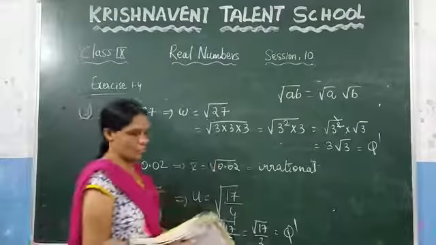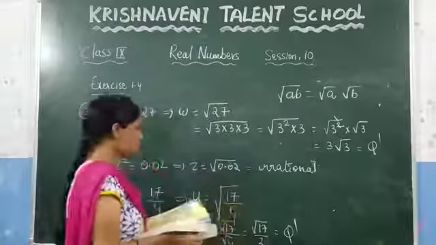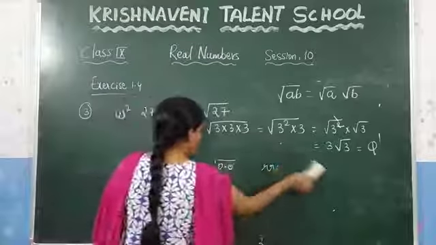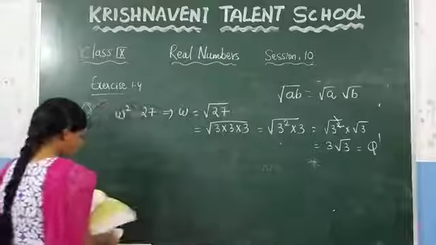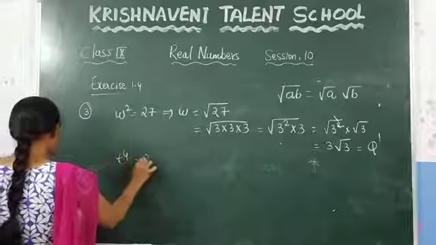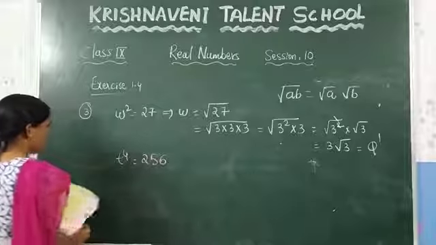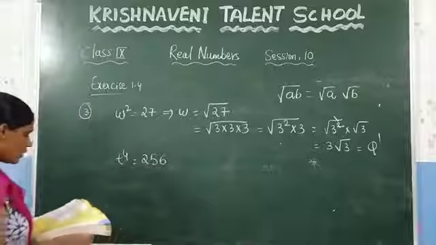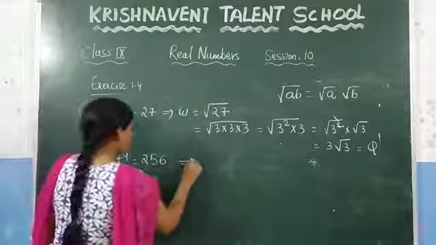Now see the last question, t power 4 is equal to 256. Here you need to find the value of t. How can we write this?